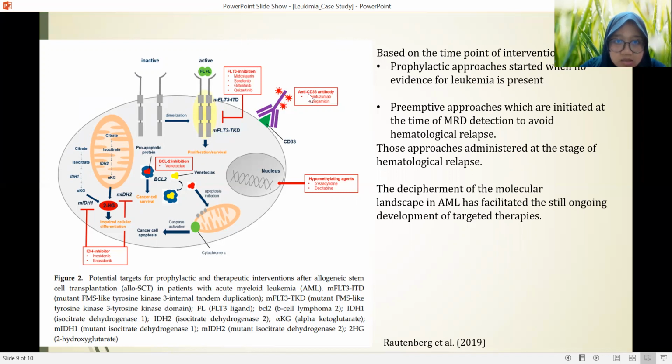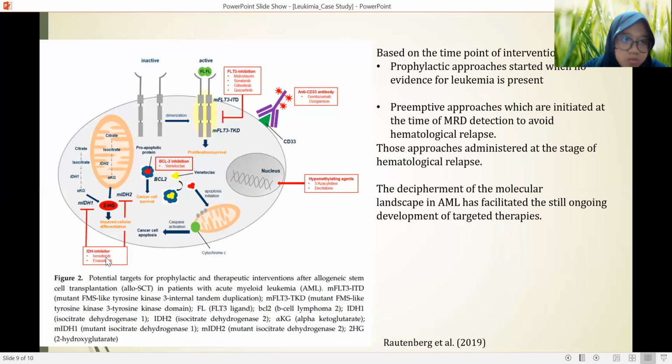And then the anti-CD33. CD33 is the receptor of our cells that plays an essential role in the leukemia disease. And then the usage of hypomethylating agents is needed to suppress the nucleus activities. And the last is IDH inhibitors.